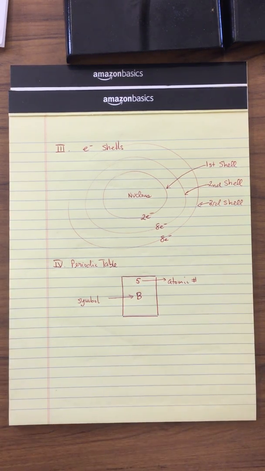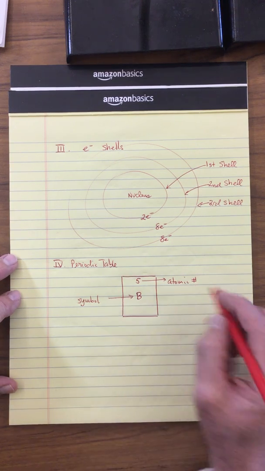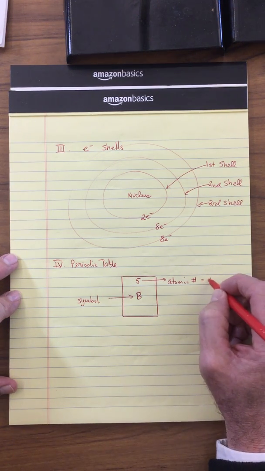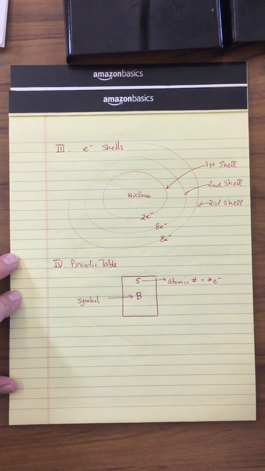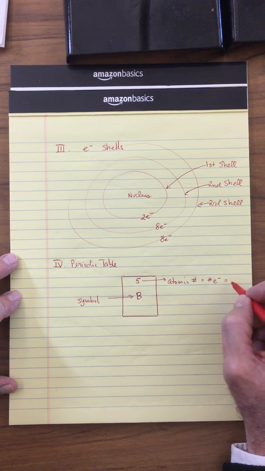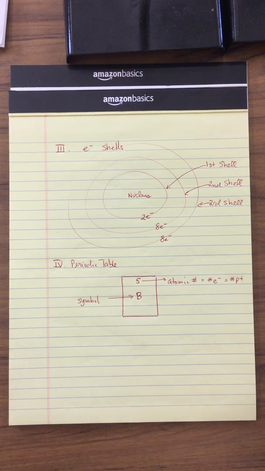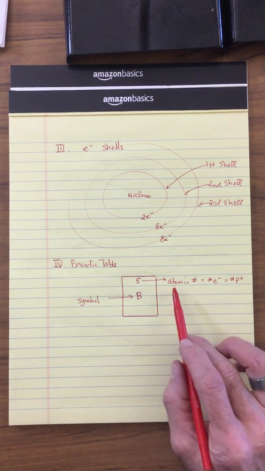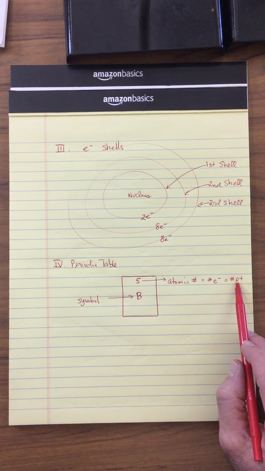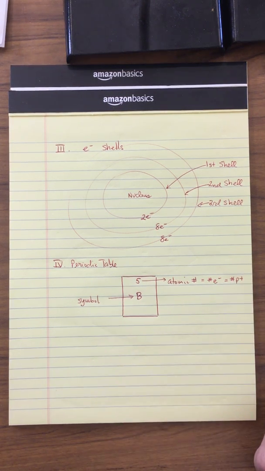Each element has its own number, and the reason why the periodic table is organized the way that it is is because of this number, because this number is the atomic number, and it's equal to the number of electrons, but it's also equal to the number of protons. So the atomic number is determined by how many protons it has and how many electrons it has.